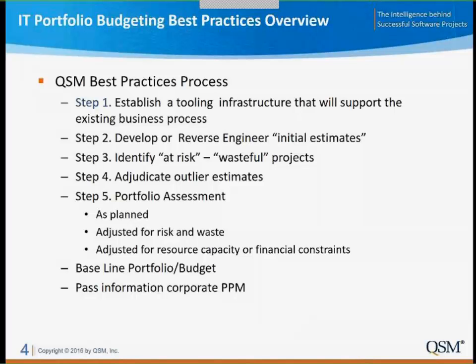In most cases, we find it's a combination of those activities. What we hope comes out of that process is that we're able to identify any projects that are extraordinarily risky or extraordinarily wasteful.